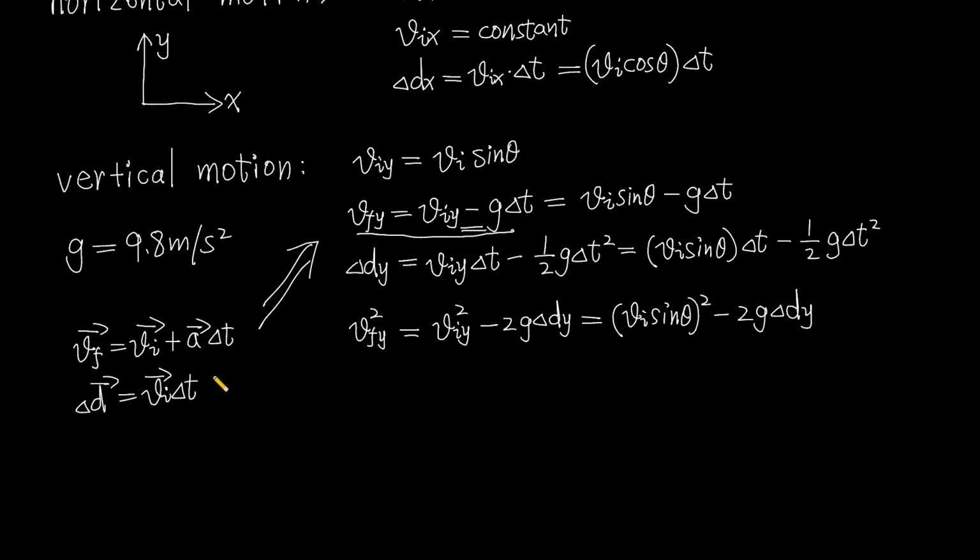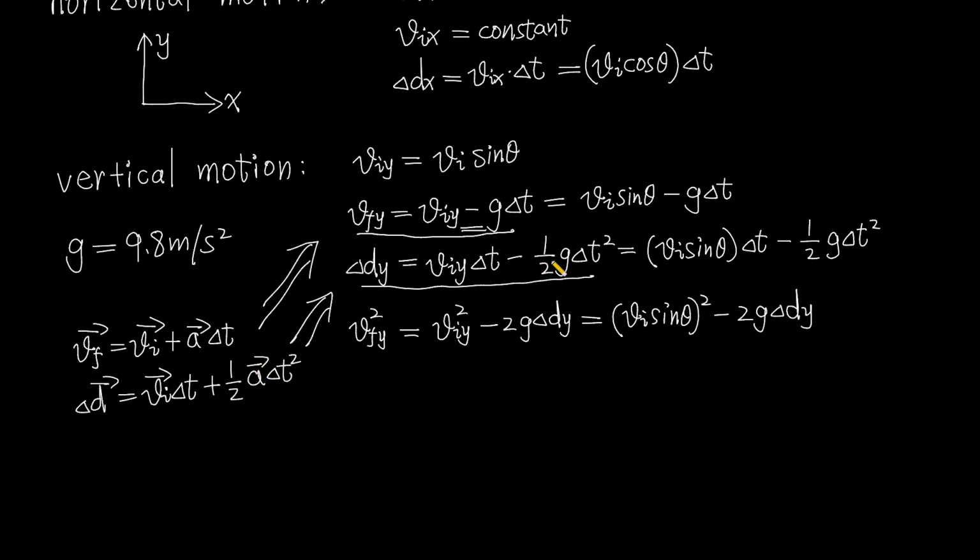delta d equals the initial velocity multiplied by time interval delta t plus 1/2 multiplied by acceleration multiplied by delta t squared. In fact, this formula is different from this formula. You see, the left sides are all displacements, and here is initial velocity multiplied by delta t. Here is also initial velocity multiplied by delta t. Here is plus 1/2 multiplied by acceleration multiplied by delta t squared.